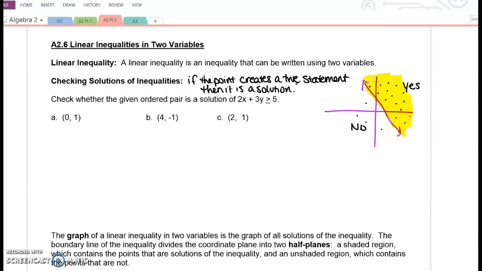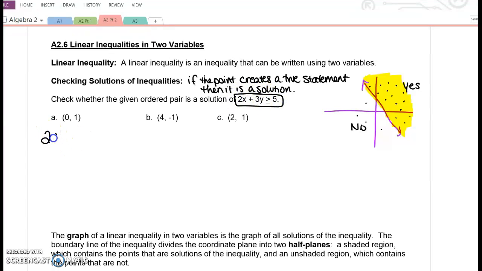So simply remember that ordered pairs are a combination of an x and a y. If you substitute the x value in place of x in the inequality, substitute the y value in place of the y, see if it makes a true statement. So let's check (0, 1) with this inequality right here.